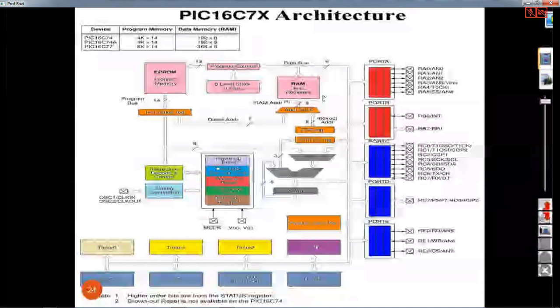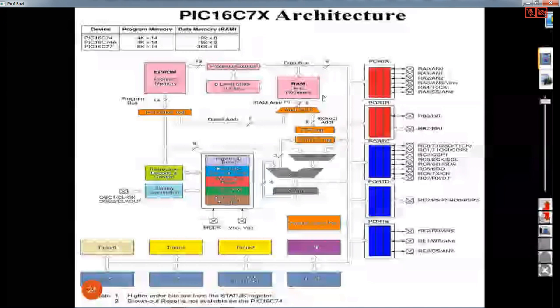So the program memory has a 13-bit program counter. As I said, it is addressable up to 8K, 8K by 14-bit, right? The flash memory reset vector is 0000 and the interrupt vector is 0004.